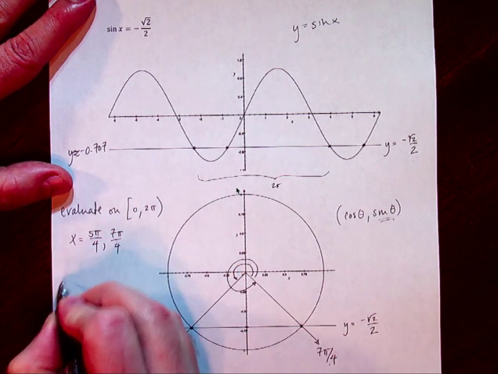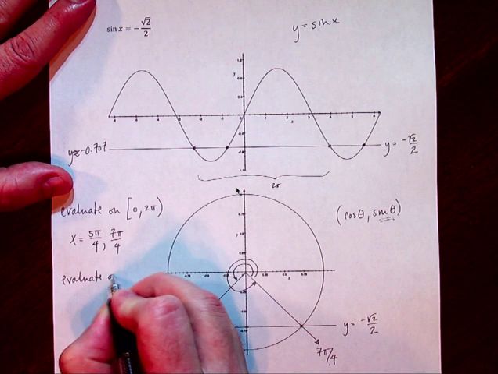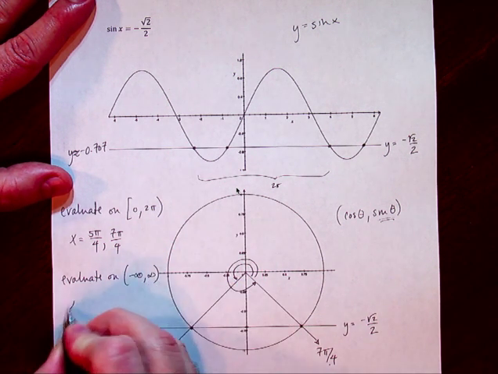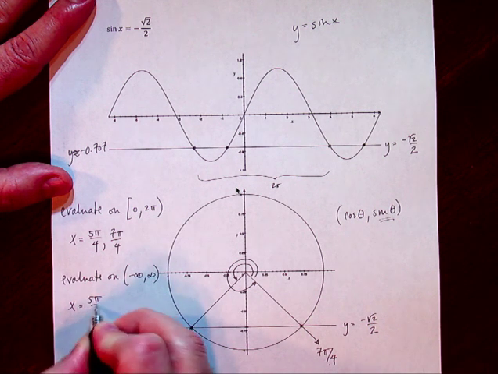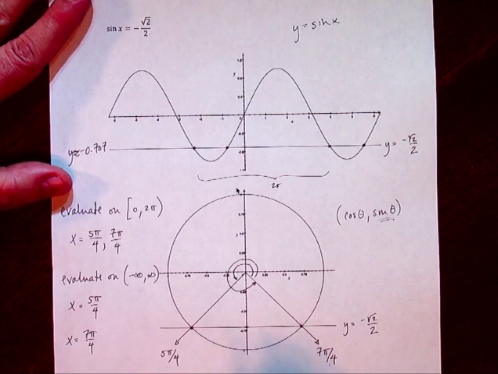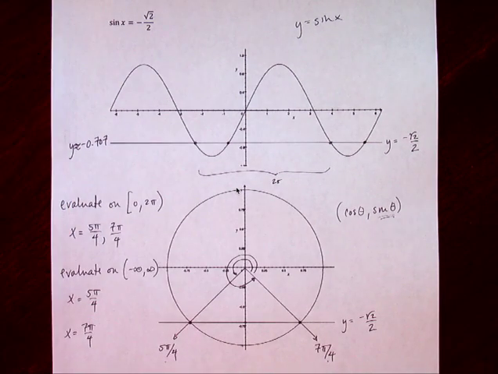If it doesn't give you those restrictions, or it says evaluate on negative infinity to infinity, then we have 5 pi over 4 and 7 pi over 4, but we need to represent that it's not just those values, but every coterminal before and after that.